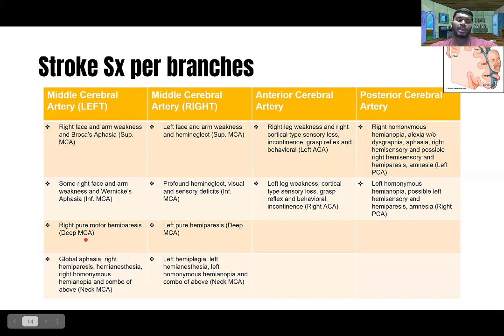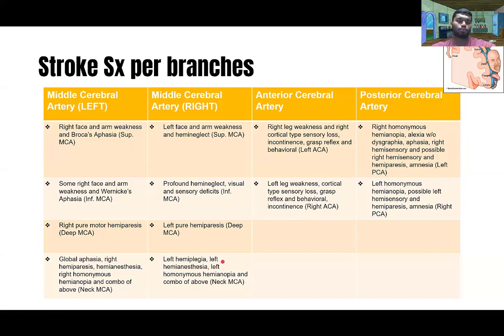Now, moving on, we have the left deep MCA branch. Remember, these are the lenticulostriates that will supply the basal ganglia. As I mentioned before, the basal ganglia is important in motor functioning. So as a result, this will cause right pure motor hemiparesis. Hemiparesis is when there is weakness on one side of the body, in this case, the right side of the body.